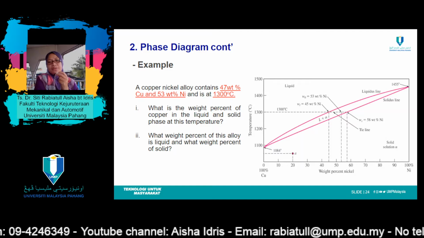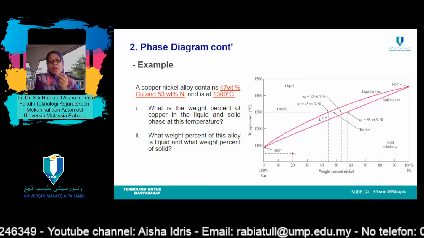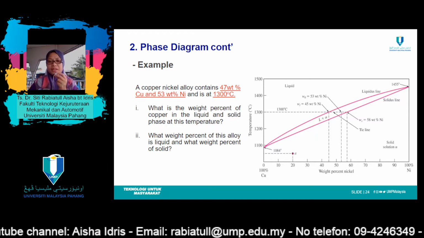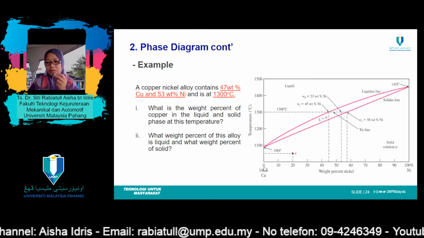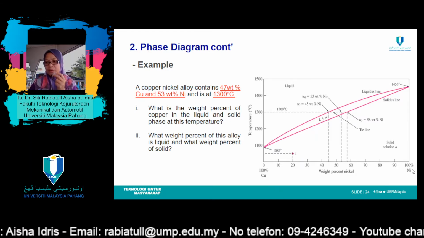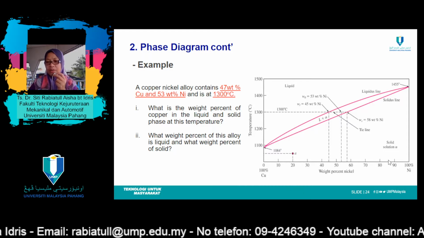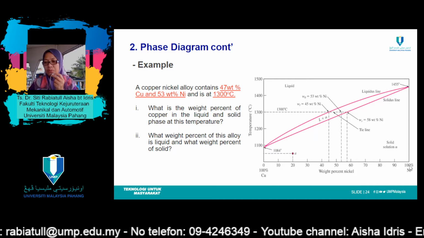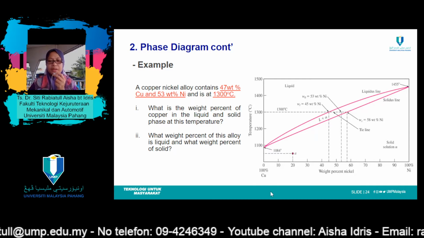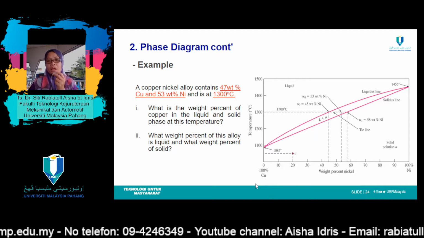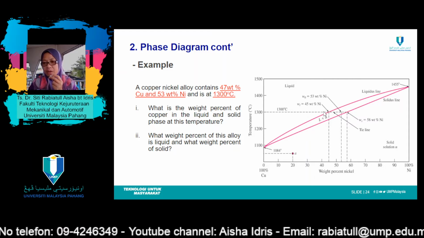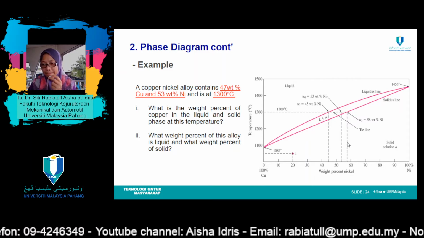Let's do this example together. A copper nickel alloy contains 74% copper. So 0 to 100% for nickel over here, and the other way around, this one is 0 copper and this is 100% copper.